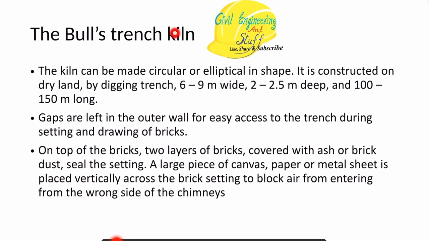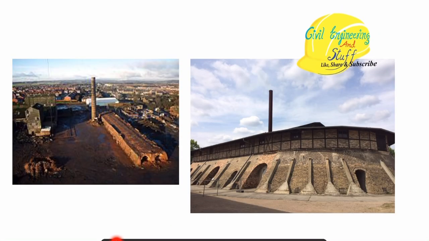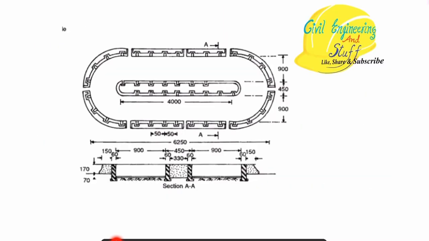Right. Now your bull trench kiln is either circular or elliptical in shape, and is usually made underground, right? So your Hoffman kiln is made over the natural ground, while your bull trench kiln is made underground.